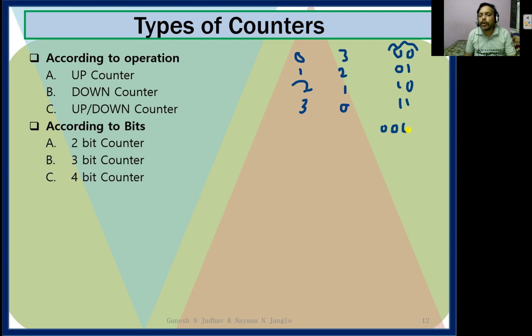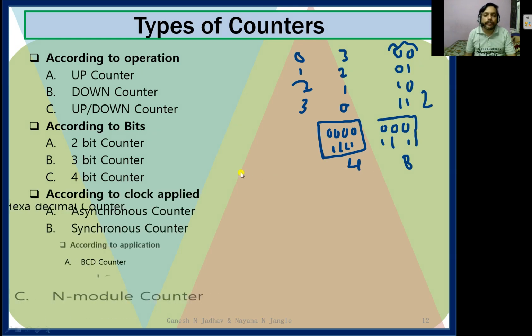If we count from 000 to 111, it is called a 3-bit counter. If we count from 0000 to 1111 in binary, it is called a 4-bit counter. So this is a 3-bit counter, this is a 2-bit counter, and this is a 4-bit counter. So these are the different types of counter.